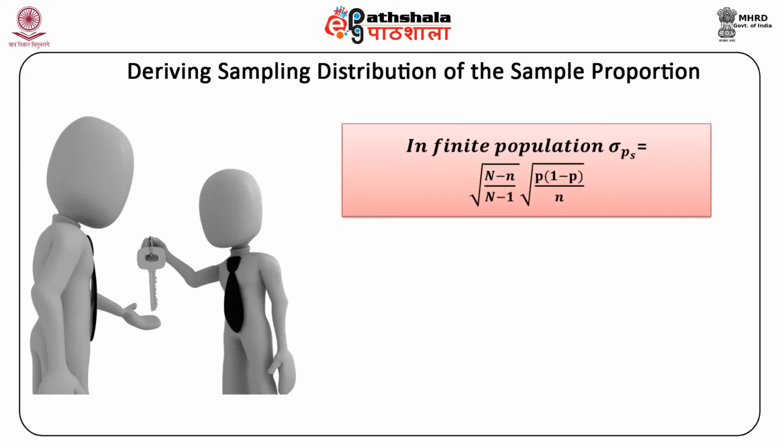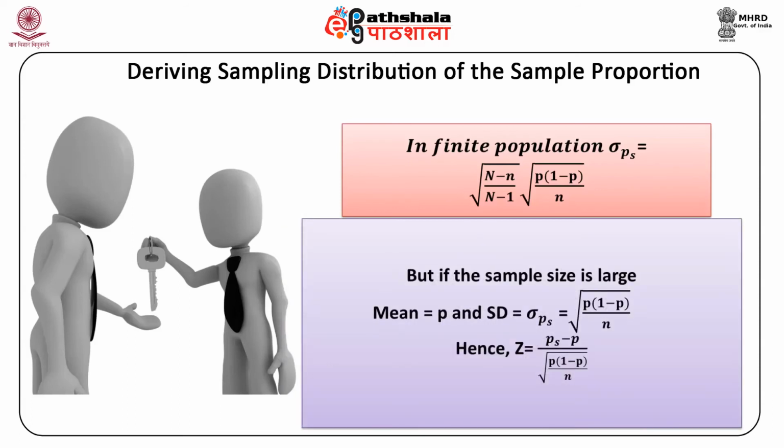The difference between these two expressions would be negligible if the size of the sample is small in comparison to the finite population size. As a rule of thumb, if the sample size relative to the size of the finite population is not more than 5%, that is, if small n by capital N is less than or equal to 0.05, we use sigma ps, which is defined to be under root of p into 1 minus p upon n.